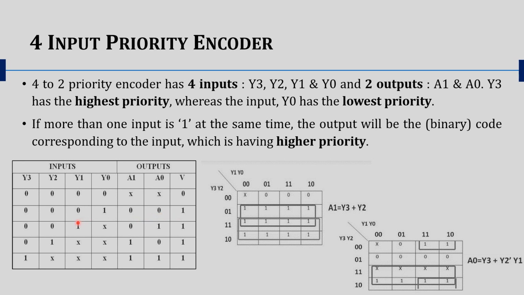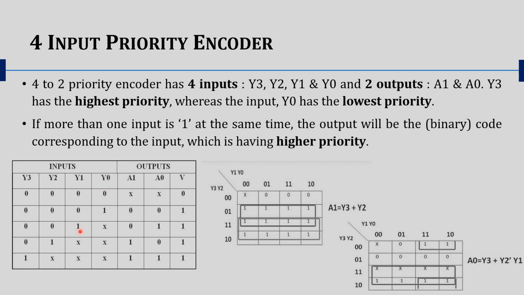Then, if Y1 is equal to 1, then Y2 and Y3 should be 0, because if Y3 or Y2 is equal to 1, they have the higher priority, right? So we need to have 0 for Y3 as well as Y2. When Y1 is equal to 1, whatever the Y0 value, it is a don't care condition. We are not minding the Y0 value, because Y1 has the higher priority compared to Y0.